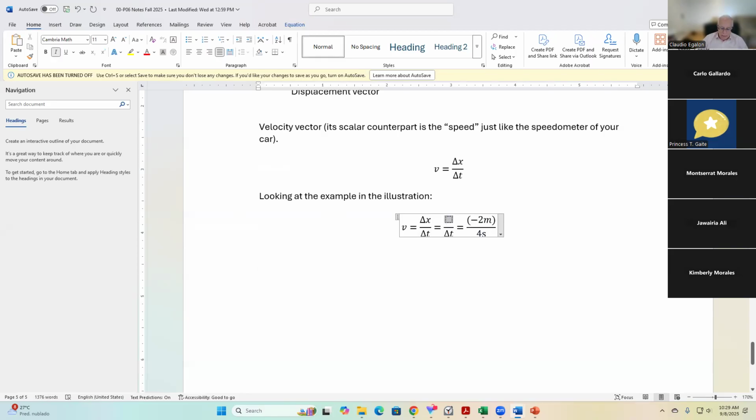Like that: x final minus x initial, t final minus t initial. We already calculated delta x: 3 minus 5, which is minus 2. And delta t is going to be 4 seconds minus 0 seconds.